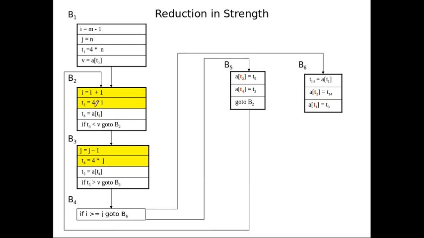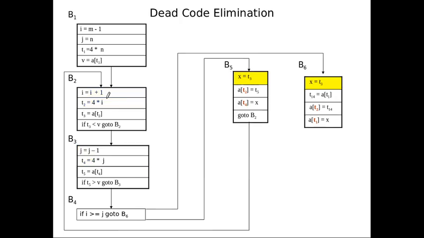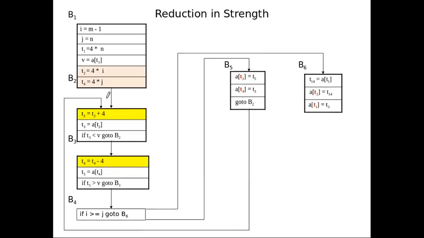I am moving these two statements here, and here this value is nothing but t2 plus 4, and here this value t4 minus 4. Okay, it is a strength reduction.